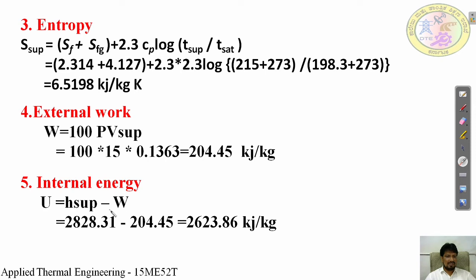So here the difference of H minus W. The enthalpy at superheat we calculated first is 2828.31, minus the work done, 204.45. Taking the difference, you will get 2623.86 kilojoules per kg. So this is the value for the internal energy when it is superheated.